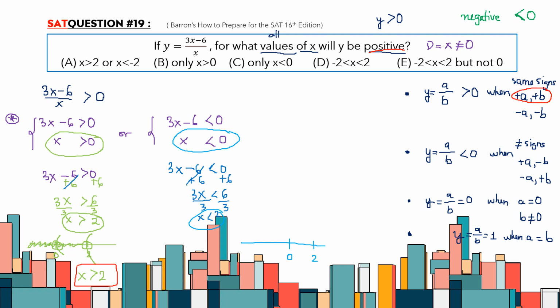X less than 0 goes like that, from 0 to the left. X less than 2 is open, it doesn't include 2. We find the intersection between those two sets, and x is less than 0.